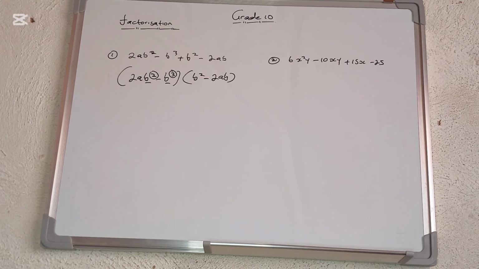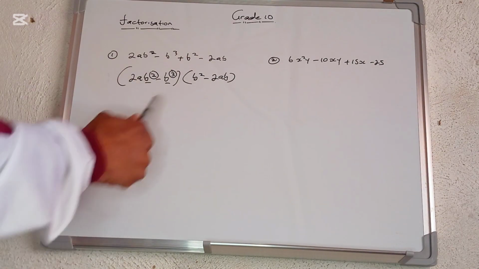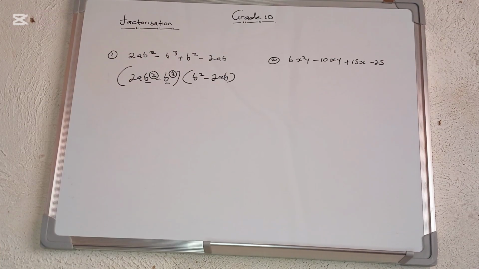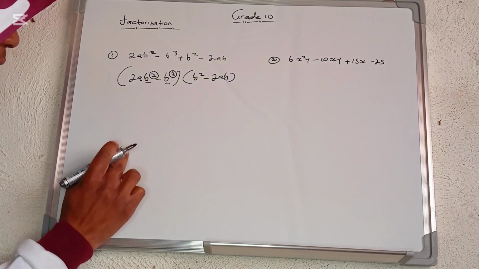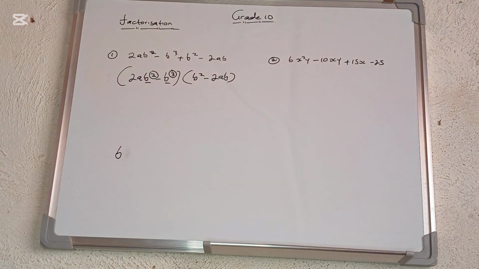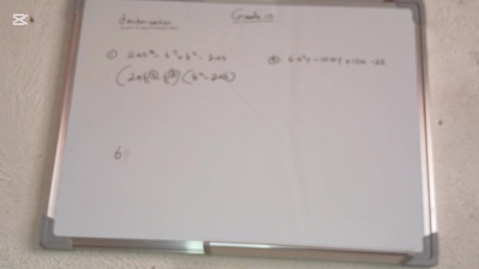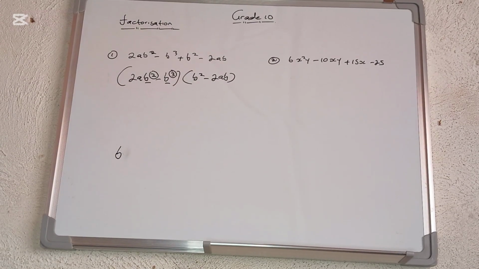So our common factor here is b squared. I'm saying it's b squared because you can subtract it here and you can also subtract it here. But you cannot take b squared as the common factor on something like this, because you cannot subtract it there. So b squared is the common factor because it can be subtracted in b squared and in b cubed.